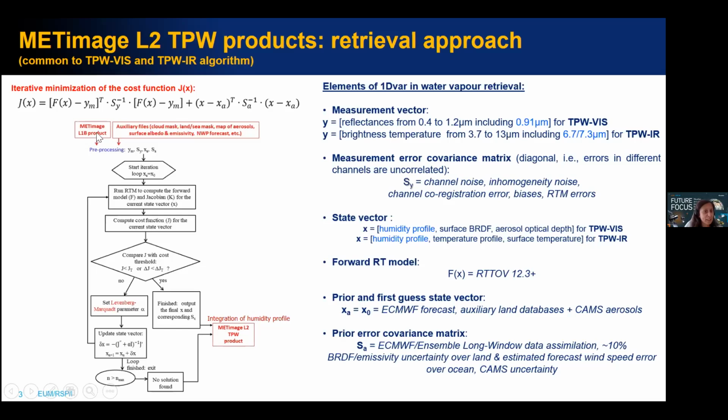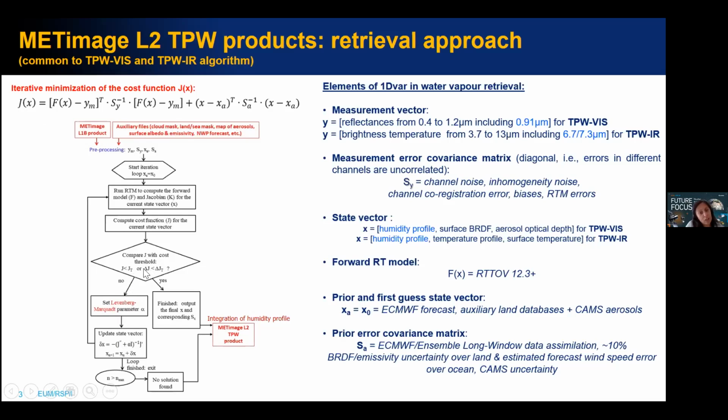Now, starting from the EUMETSAT measurement and the auxiliary files, including forecast, surface albedo and emissivity, and maps of aerosol, which are retrieved from the CAMS database in our case, the algorithm starts an iterative procedure. At each step of this procedure, the algorithm computes the cost function and then compares it with a threshold. If the cost function is less than the threshold, then the iteration is stopped.